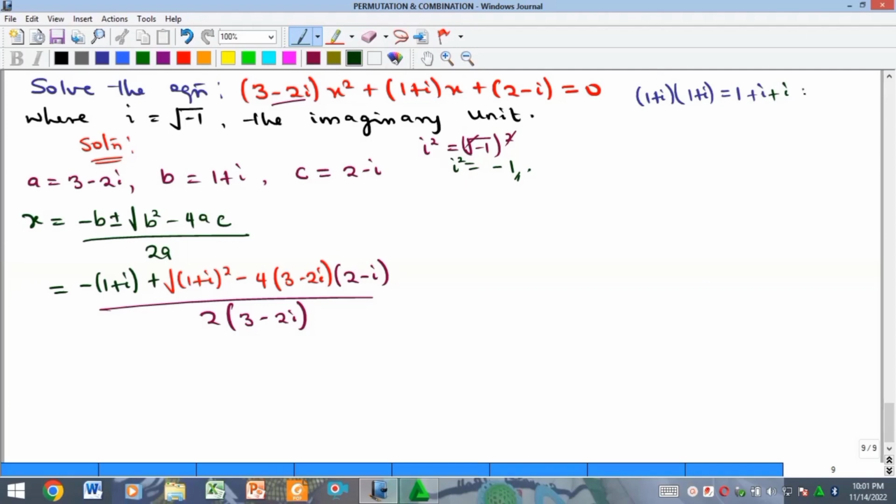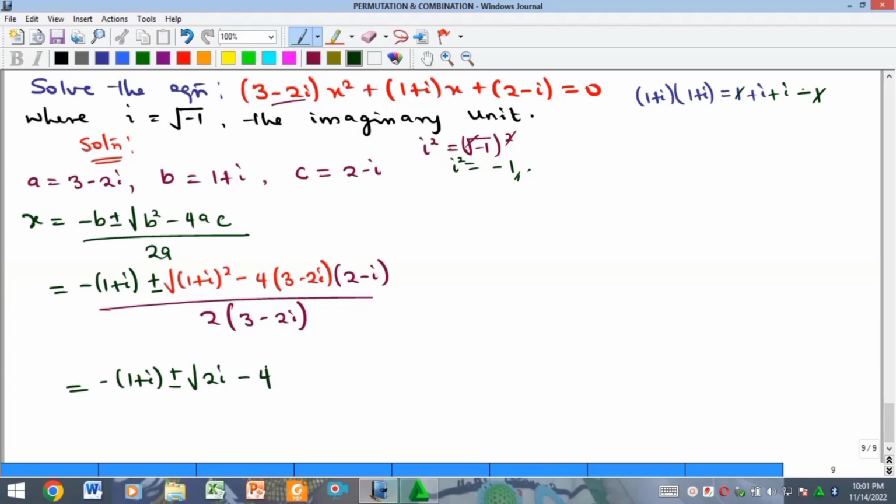But remember I said that i squared is equal to minus 1, so this minus 1 will take away this 1. From here we have minus 1 plus i, plus or minus the square root of, if you expand this, we got 2i there, and that is minus 4.